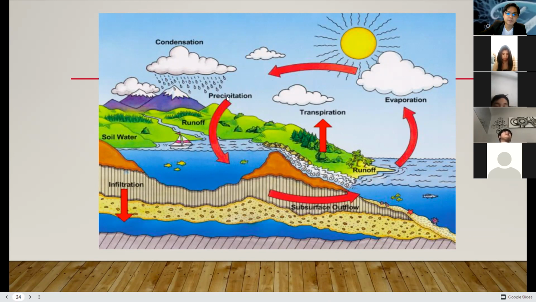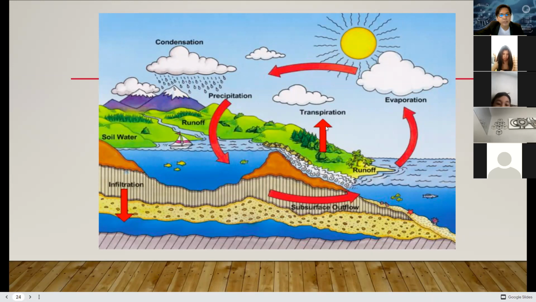Precipitation is raining. Once there is precipitation, the tendency is there is infiltration. So the water will go beyond and of course into the subsurface. It will create a subsurface outflow and go back to the surface, in order to perform evaporation again, and the cycle repeats again and again.